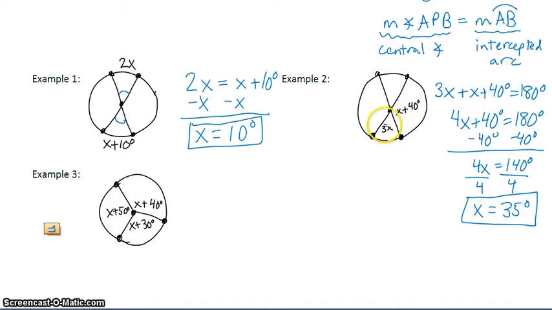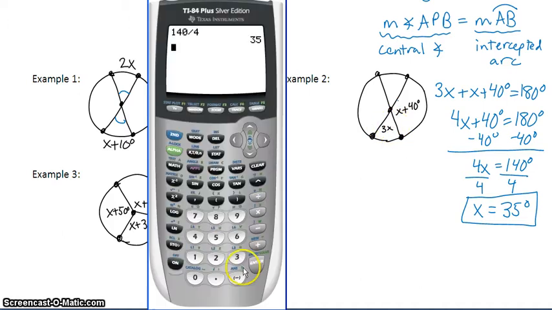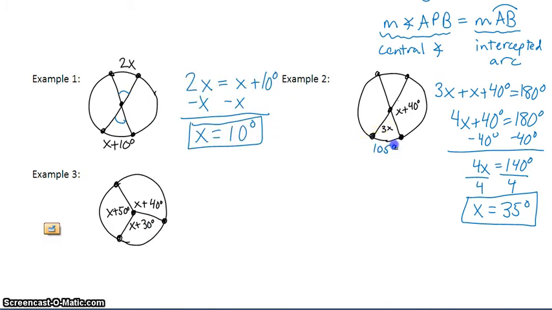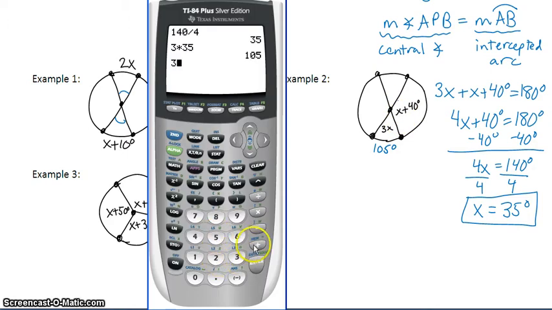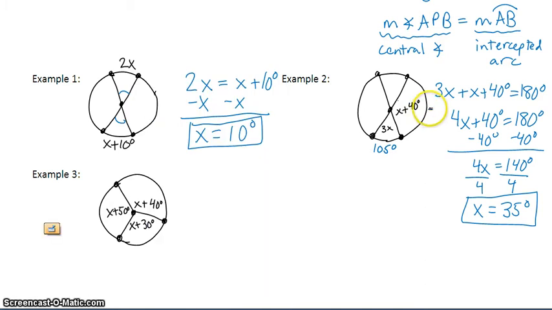So this central angle has a measure of 3 times 35 degrees, or 105 degrees. This central angle has a measure of 35 plus 40, or 75 degrees.